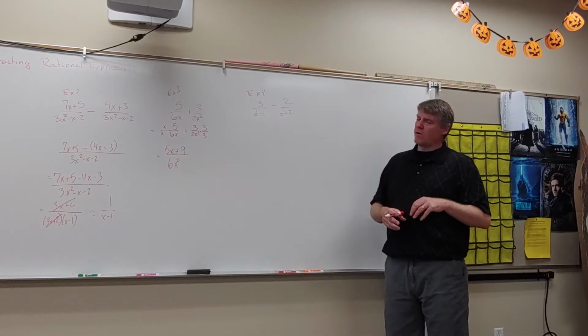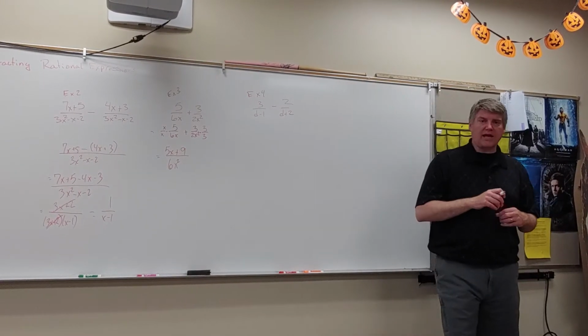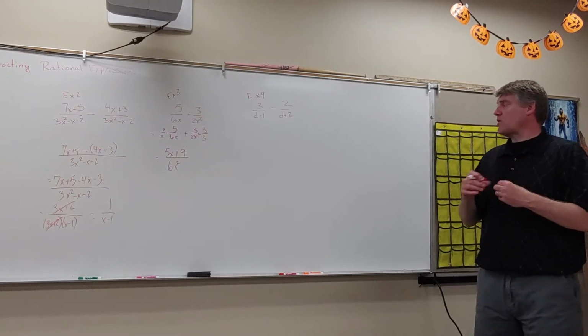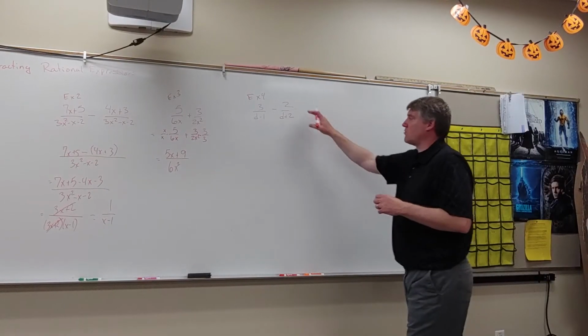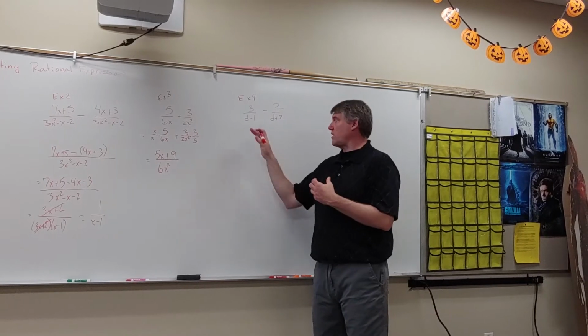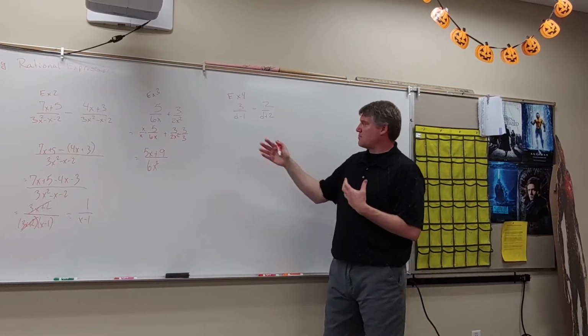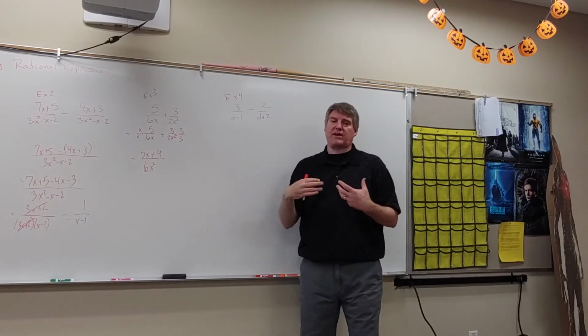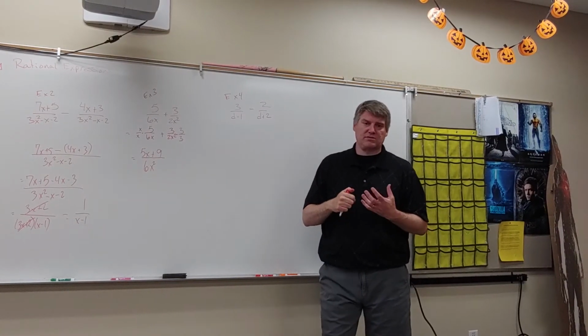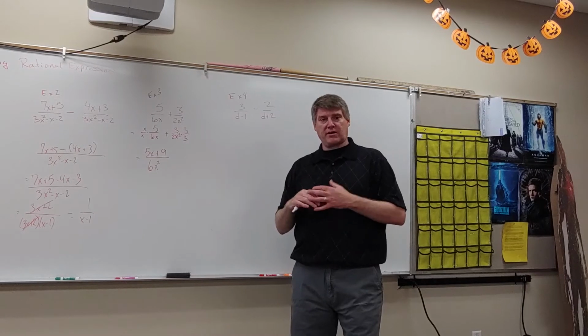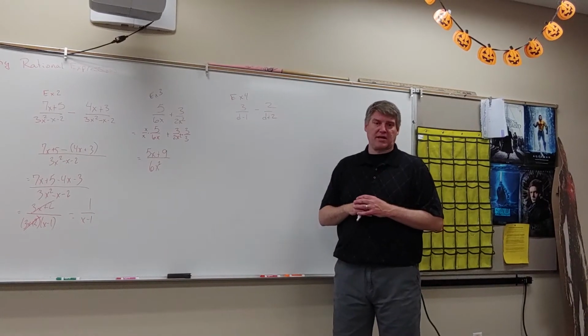Now in example 4, I have two very unique items here. I have 3 over d minus 1, and I have negative 2 over d plus 2. So I have two different denominators. Now, a lot of times when we're looking at these and we're trying to find a common denominator, a lot of times a common denominator is just the product of those denominators.